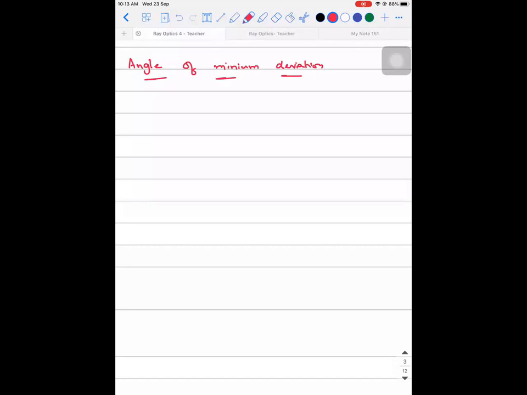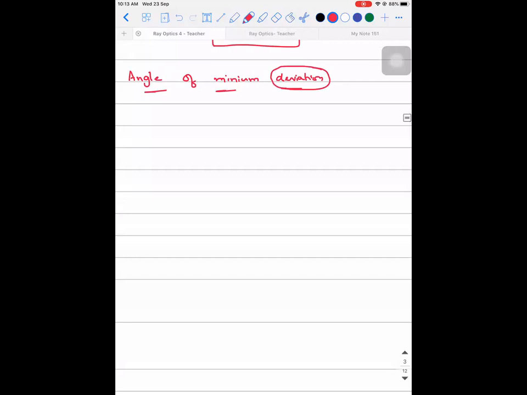Here, if you see the name, I'm talking about deviation. So the angle of deviation is represented by delta, right? If you read it in reverse, the deviation should be how much? It should be minimum, means it should be least. And that angle is what we are going to see. Or sometimes they will give it as the condition for minimum deviation also.